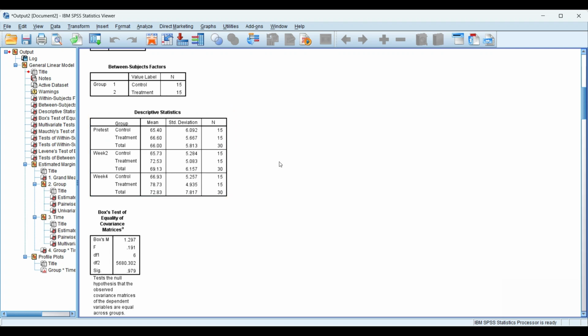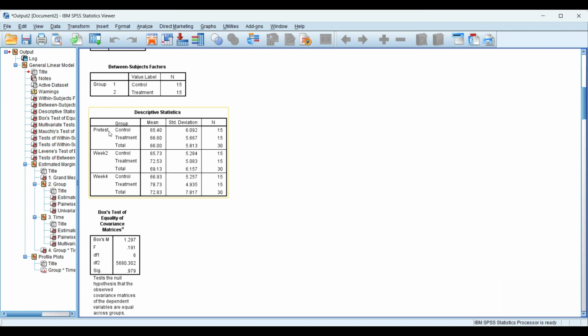Okay, so you can also see week 2 control and treatment means, and week 4 control and treatment. You can find that there is a higher mean for treatment in week 4 than week 2 and pre-test.